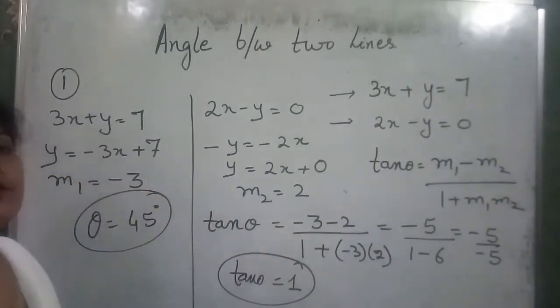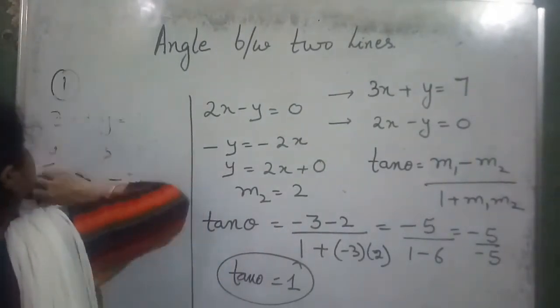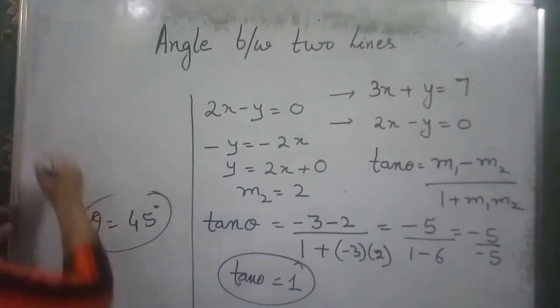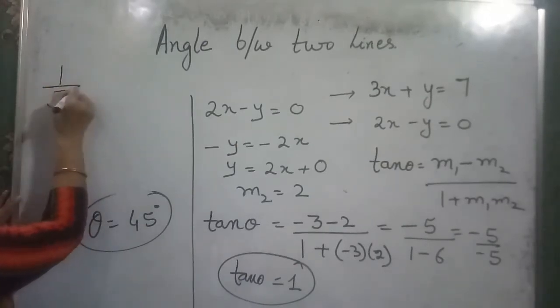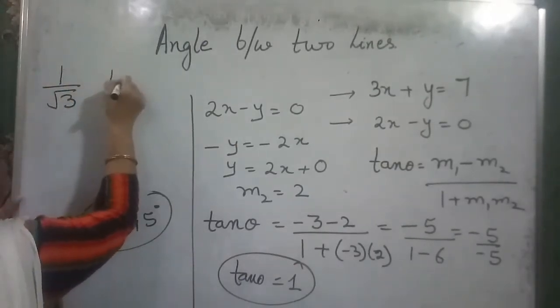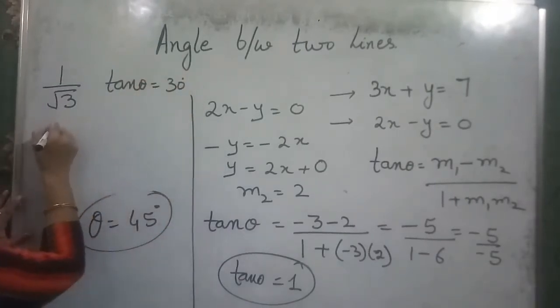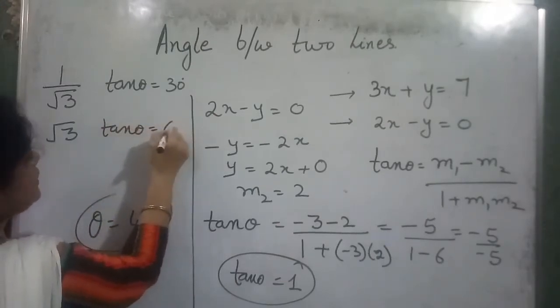One thing more I want to clear with you, some values which you should learn for these types of questions. If we have the value 1 by root 3, then theta is equal to 30 degree. If we have root 3, then theta is 60 degree.